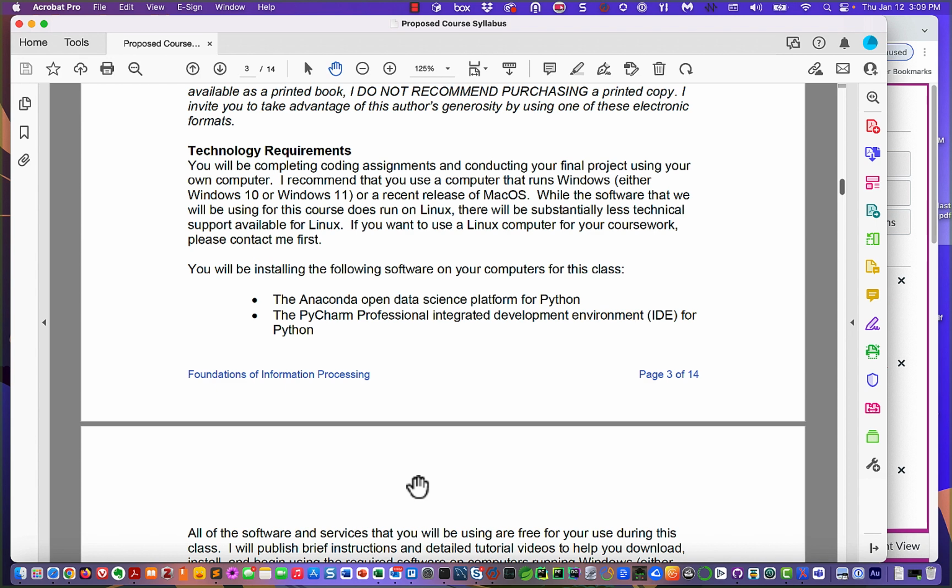For Mac OS, you want a recent release. This stuff will run on Linux, but you're just not going to get as good support for that as you would on Windows or Mac. So if you really want to use Linux for this course, you're probably going to be supporting yourself, so please contact me to discuss that first.